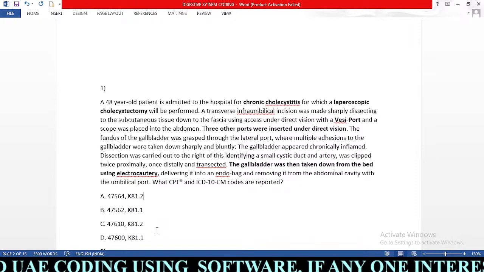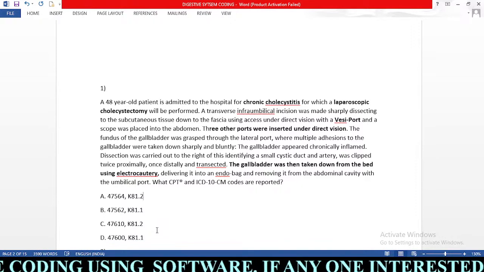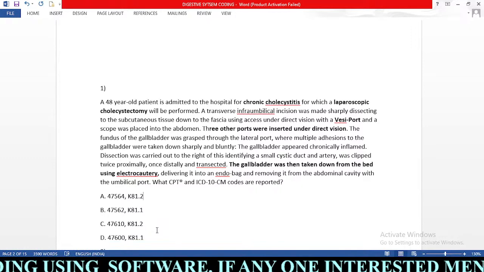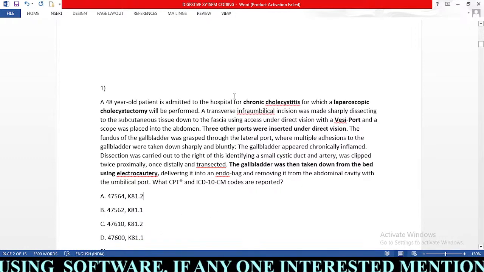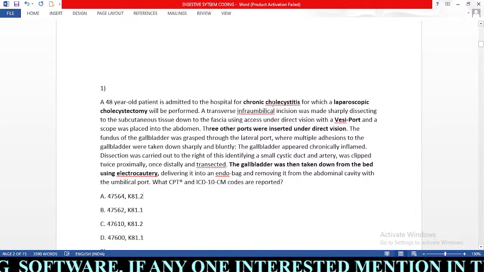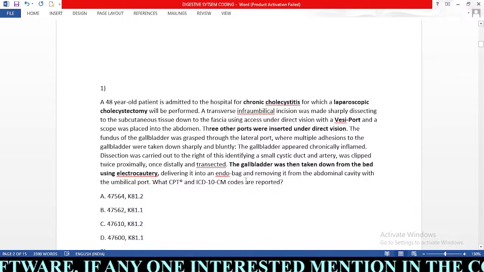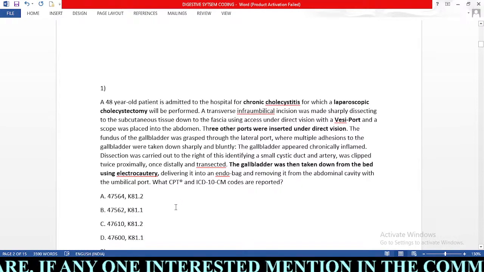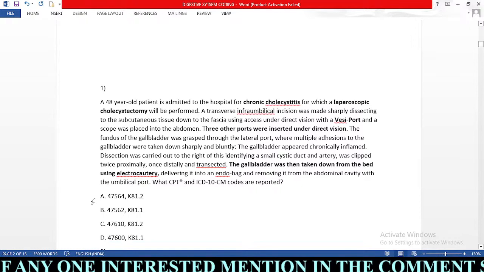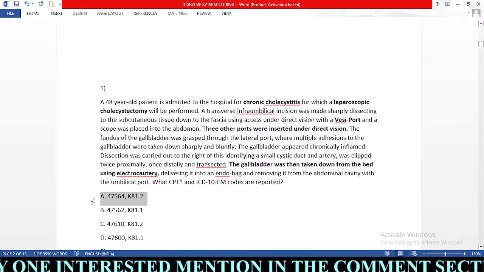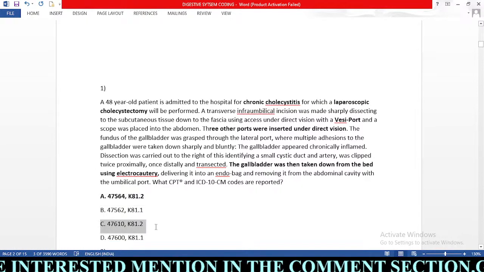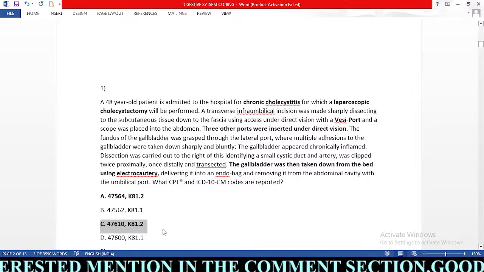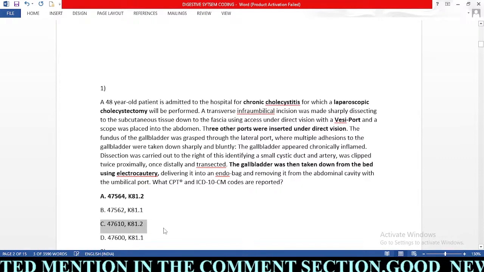K81.2 is acute cholecystitis with chronic cholecystitis, but based on our documents, we have only chronic cholecystitis. Because of that, K81.2 is wrong, so we can eliminate A and C. We are left with B and D.